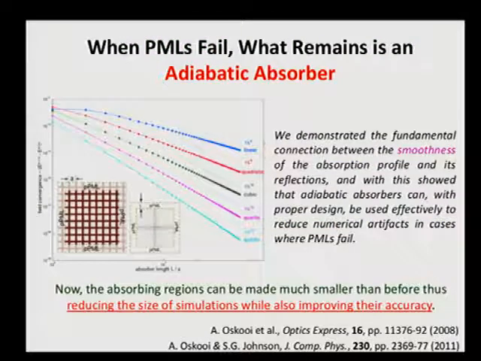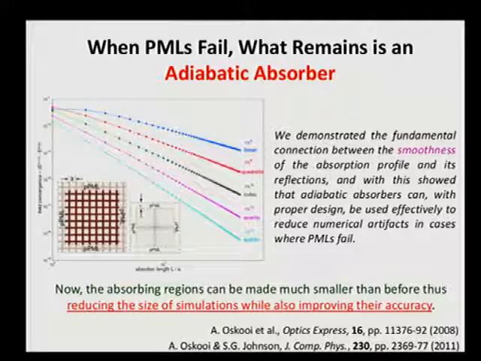We show that when PMLs fail, what remains is an adiabatic absorber, essentially a conductivity absorber for the electric and magnetic fields. We demonstrated the fundamental connection between the smoothness of the absorption profile and its reflections from the absorbing boundaries. And with this, showed that adiabatic absorbers can, with proper design, be used to reduce numerical artifacts in cases where PMLs fail.